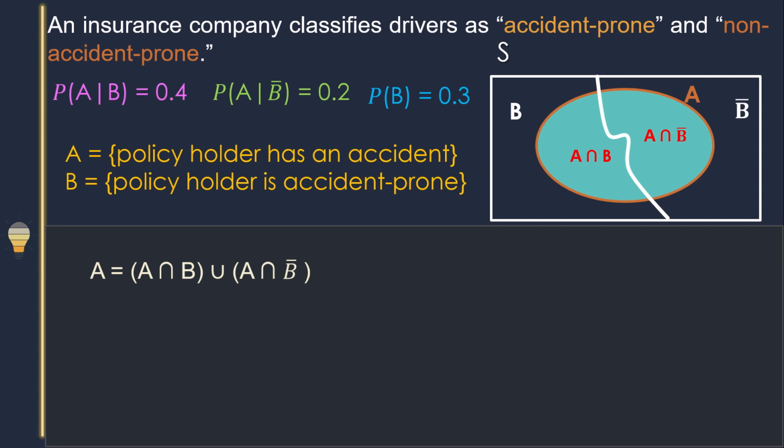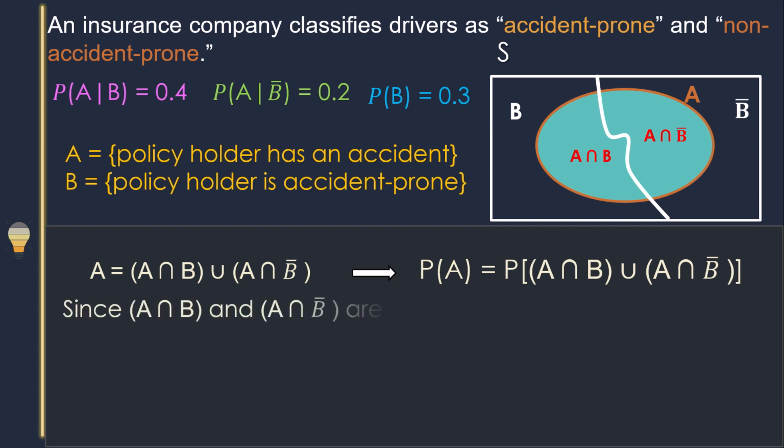Right. Now we need to find the probability of A. As I mentioned before, A intersection B and A intersection B complement are mutually exclusive, or disjoint, events.